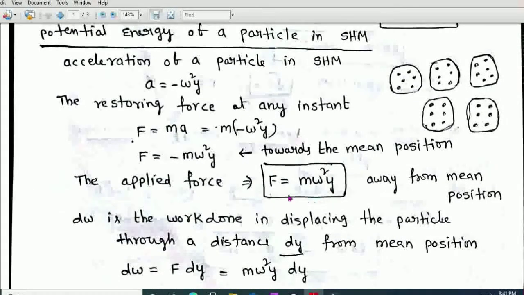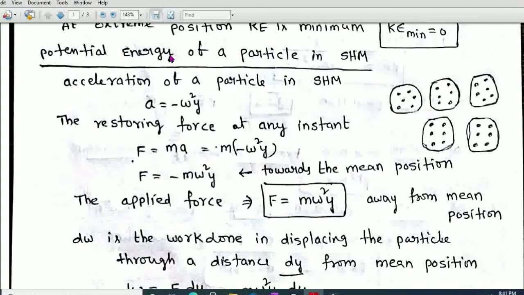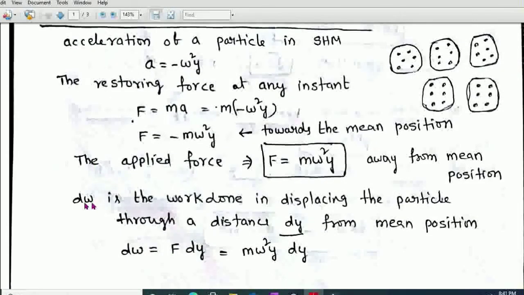Now, to find the potential energy, we need to find the total work done in displacing the particle. Before finding the total work done, we find the small work done, dW.